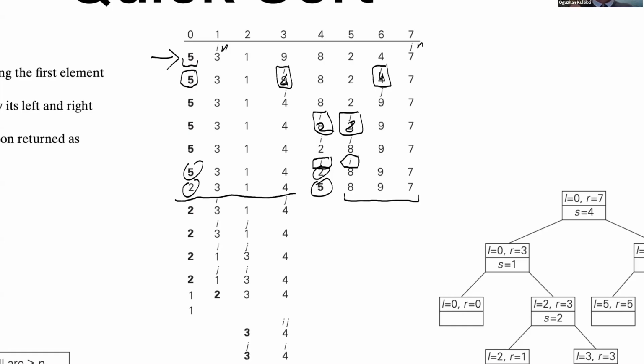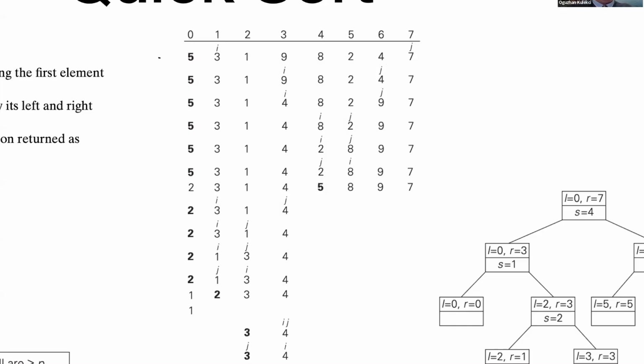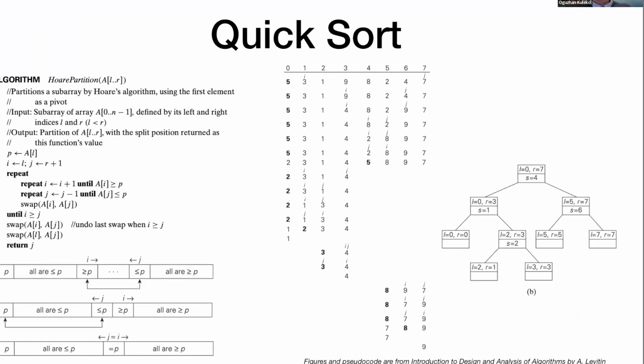Please give attention that at the end of this step, 5 is in its correct position. So the pivot element moves to its correct position after this pass. Now I will do the same on the left side, and then I will do the same on the right side. Let me make this a little bit smaller to show you the whole picture now.